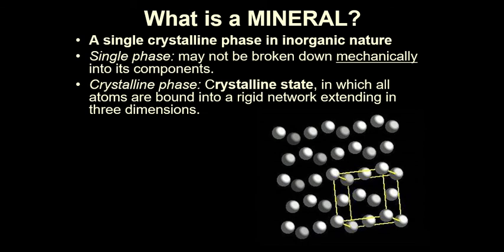In a crystalline state, all the atoms are bound into a rigid network extending in 3 dimensions. So this creates the well-known crystal structure found in crystalline objects, and in some cases gives them their external expression, the shape of, say, a quartz crystal you might want to dangle for some reason.